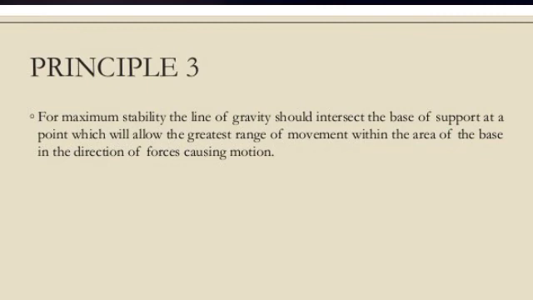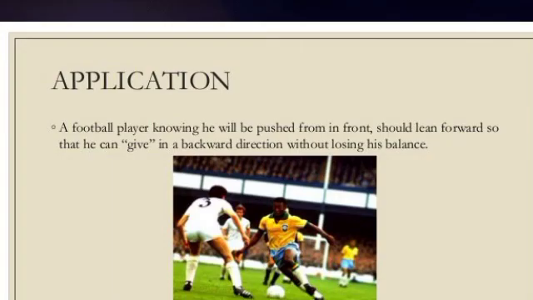For example, while standing, spreading the feet in the direction of movement adds stability. For activities where a stance is required, using both hands and feet creates the widest base. A football player, knowing he will be pushed from in front, should lean forward so that he can give in a backward direction without losing his balance.